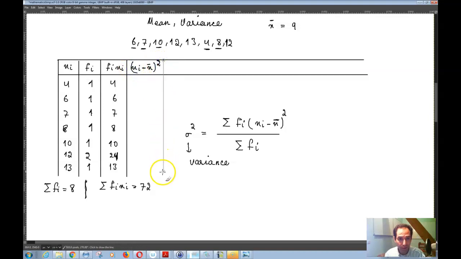In this case x bar is equal to 9, so 4 minus 9 is negative 5, and negative 5 squared is 25. 6 minus 9 is negative 3, and negative 3 squared is 9. 7 minus 9 is negative 2, squared is 4. Negative 1 squared is 1. 1 squared is 1. 3 squared is 9. And 4 squared is 16.